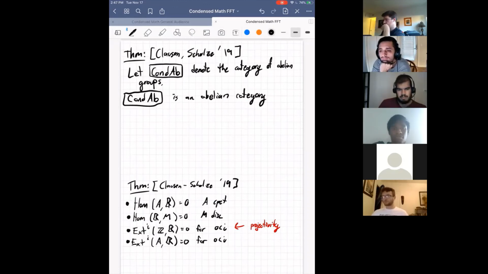Which is very cool, because it gives us the opportunity to run the same argument that I did at the very beginning. But I said we need another ingredient to do that, which is a vanishing theorem. So here's a vanishing theorem.